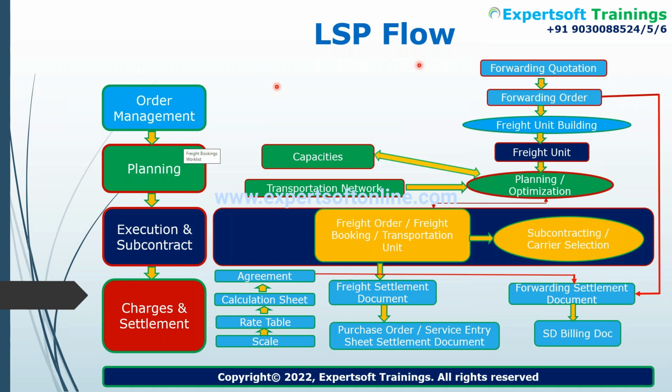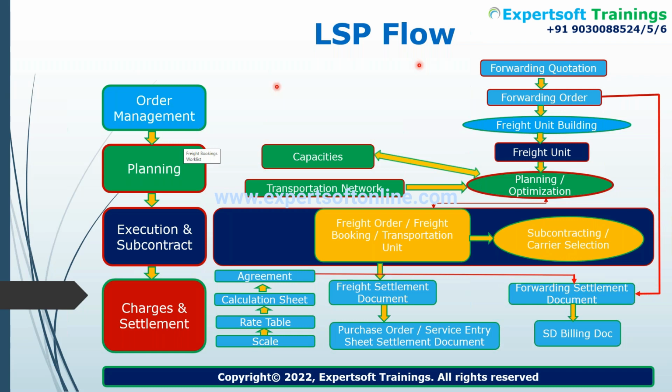Only thing in the LSP is you will not have a sales order, you will not have a purchase order. These are the two things which we would not have for creating the transportation requirements. That means you would not create a sales order using VA01, or a purchase order using ME21N, followed by the deliveries that get created.